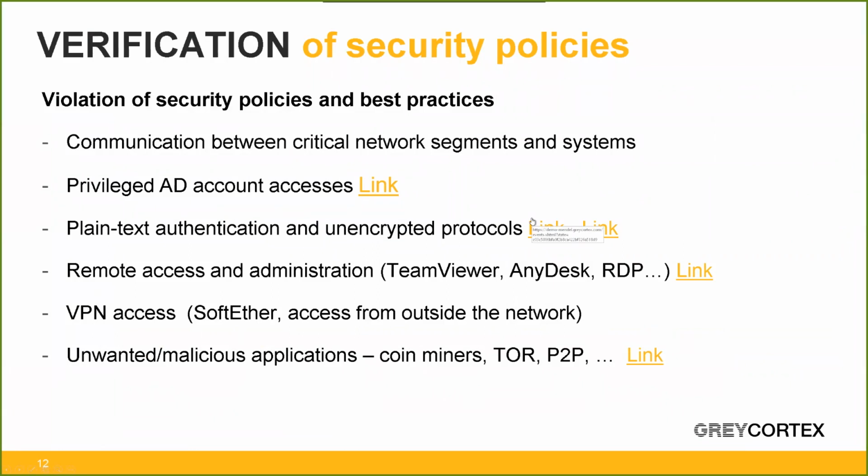Possibly there are some other typical policies that can be watched on the network. One of them can be, for example, plain text authentication, which can still be seen today, either in the internal infrastructure, but we still see this kind of authentication even to the systems that are in the DMZ.